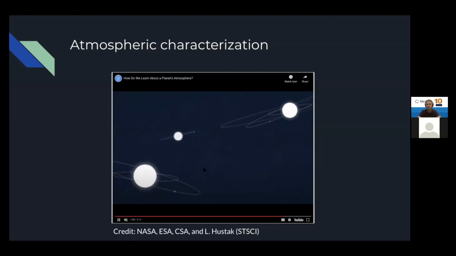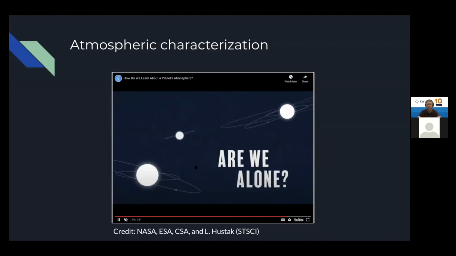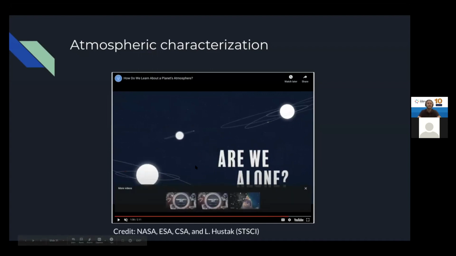And that is going to help us look for alien life, because there's a very important thing that astronomers are very interested in called biosignatures, which are signs of life in a planet's atmosphere. One of the most obvious ones is oxygen. On our planet Earth, there's oxygen everywhere.